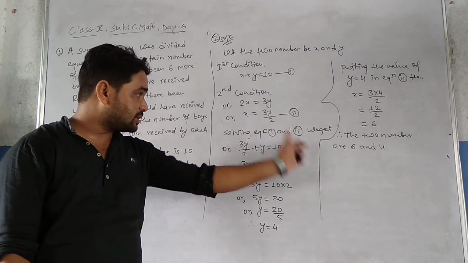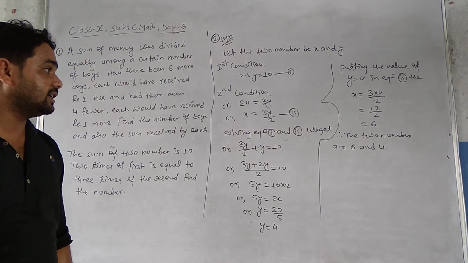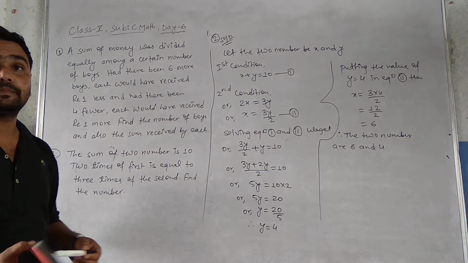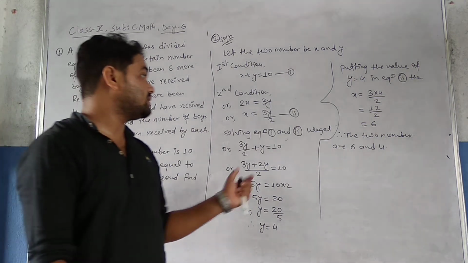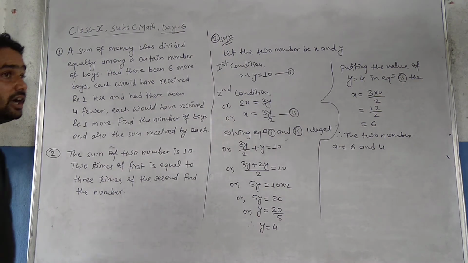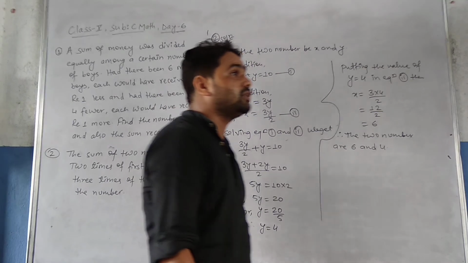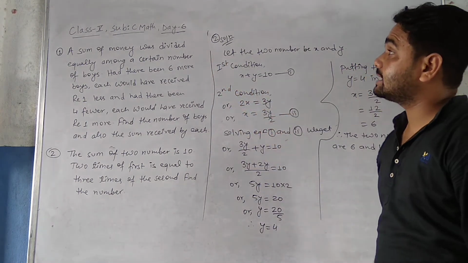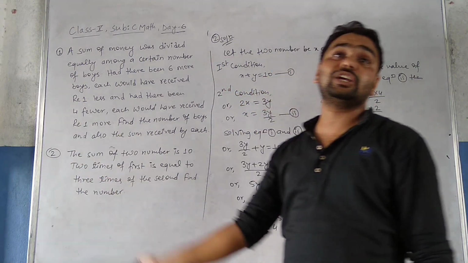From the exam point of view, this type of question is asked for 2 marks. We have done the linear equation up to day 6. That means every day I have done 2 questions, so we have done 12 model questions for the linear equation.